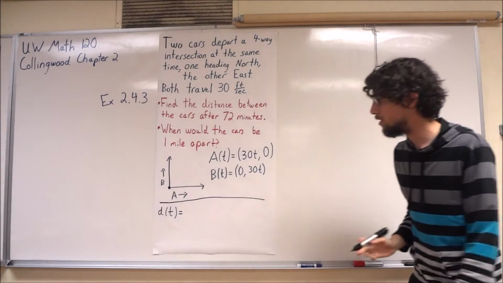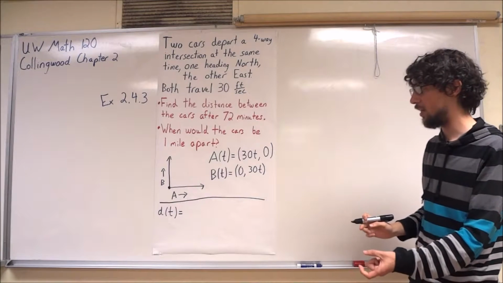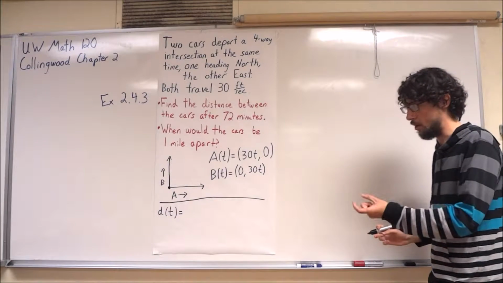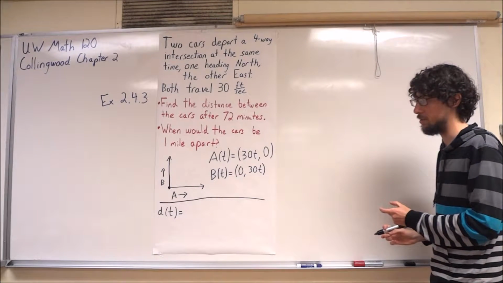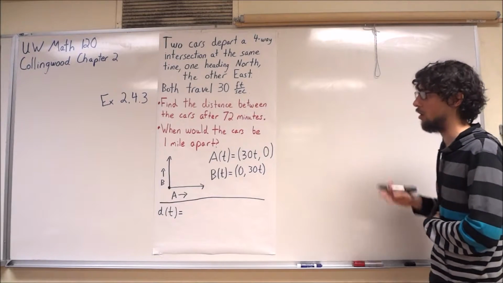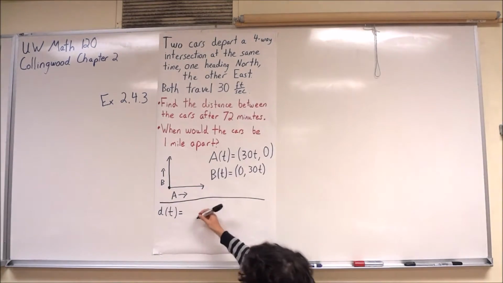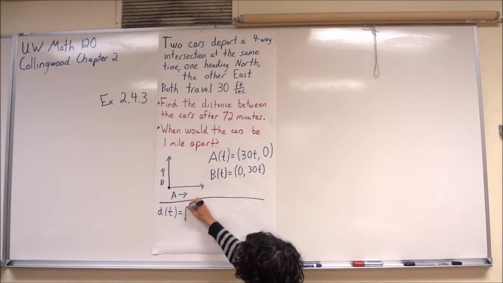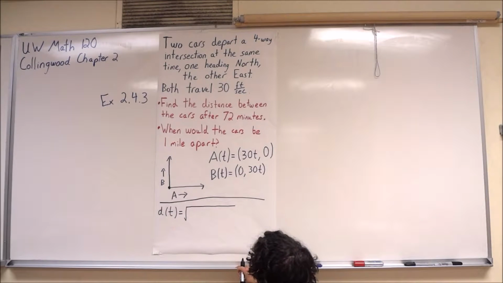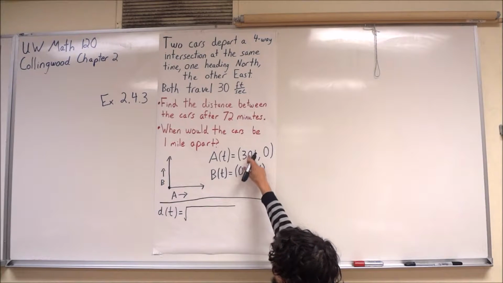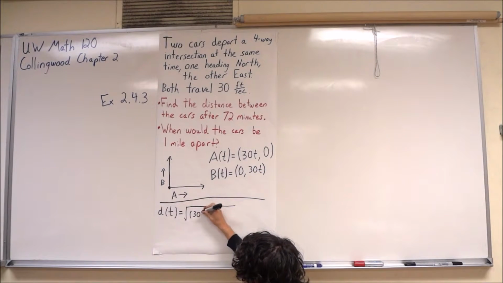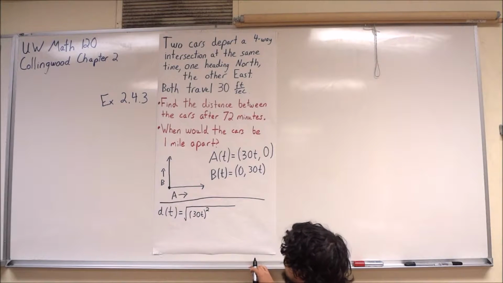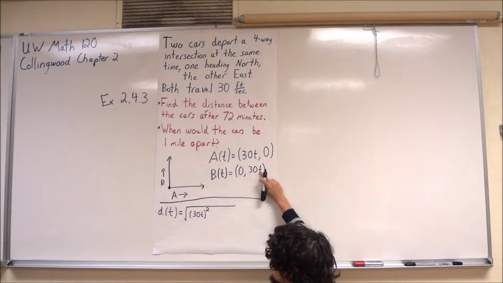The distance between the cars is the difference in the x-coordinates squared plus the difference in the y-coordinates squared, and then all under a square root. The difference in the x-coordinates is, well, 30t minus 0. The difference in the y-coordinates is 0 minus 30t.